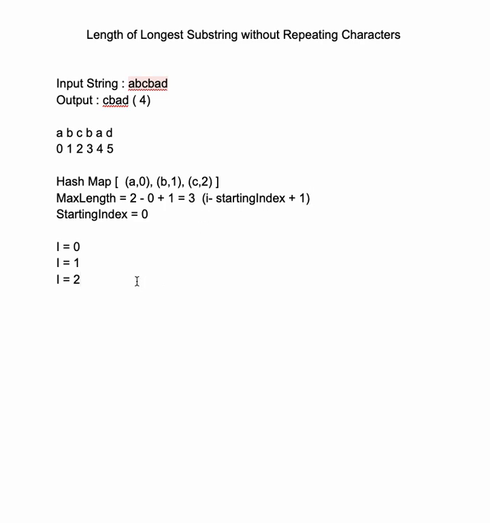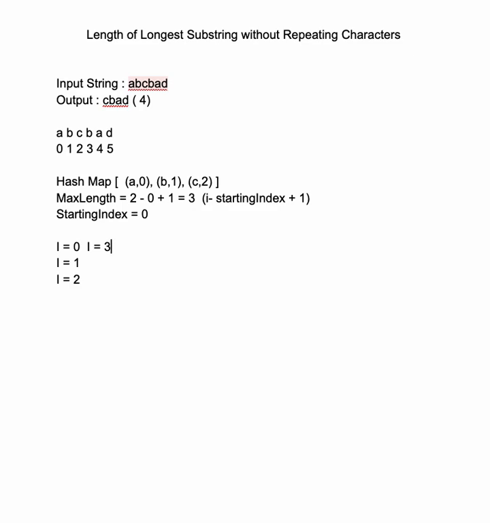Now at I equal to 3, here comes the trickier part. So we already encountered the character B in the hash map. So simply for basic understanding, we can know that the longest substring ending at I equal to 3 is nothing but CB, which is from indices 2 to 3.